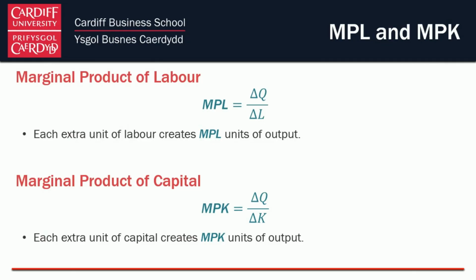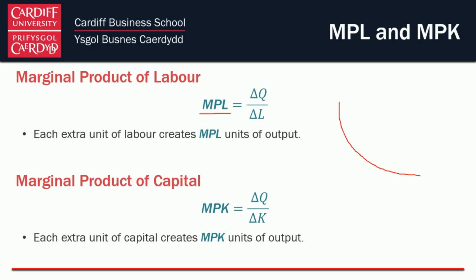Next, I want to get a sense of the slope of this isoquant curve. If you remember, the isoquant looks like this. So I'd like to have an idea of the rate of change along this curve. And in order to do that, we're going to need both the marginal product of labor. We have introduced this already. So MPL is how much each extra unit of labor creates in terms of output.